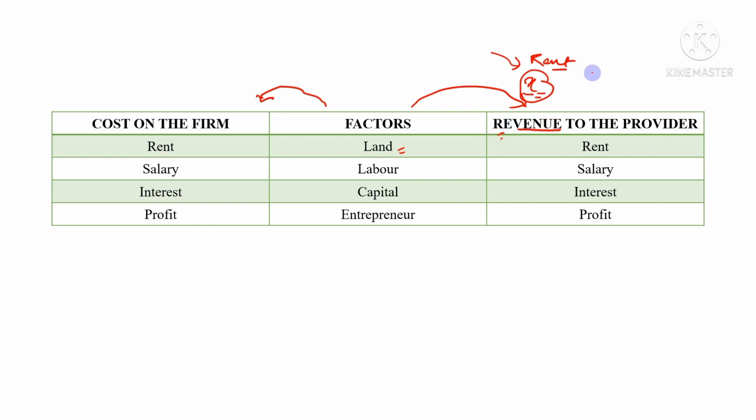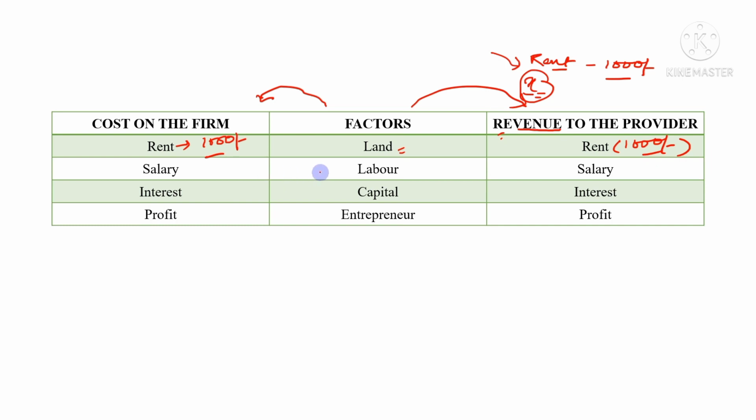Say, for example, the rent was rupees 1000 for a piece of land to produce a product Y. The firm will give a rent of rupees 1000 out of their profit or investment to the landowner, the landlord. Rupees 1000 he will gain as revenue.